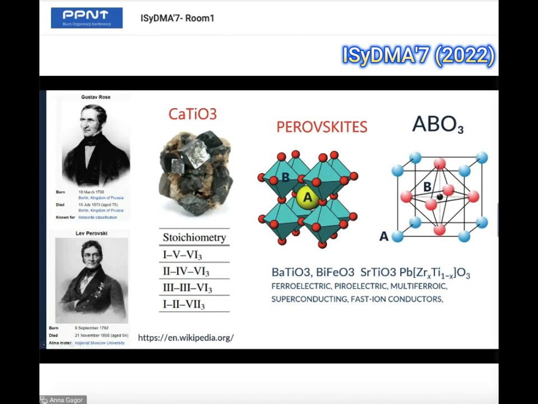But the main characteristic of this compound is its very simple crystal structure, which consists of only 3 components, 2 metals, which are placed on the A and B sites. You can see here the crystal structure, and the main parts are these octahedra.